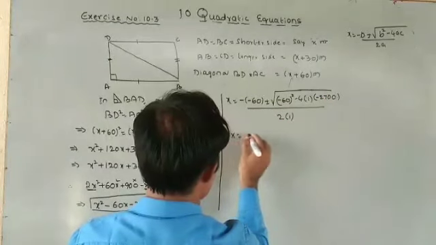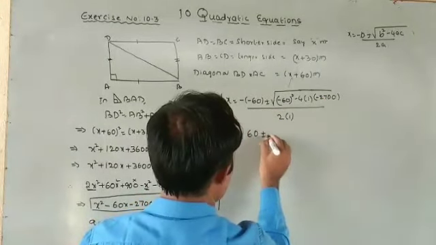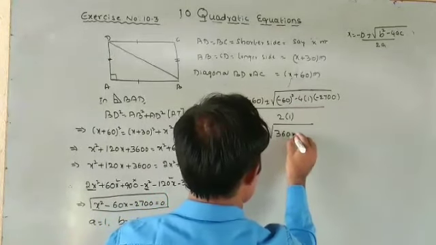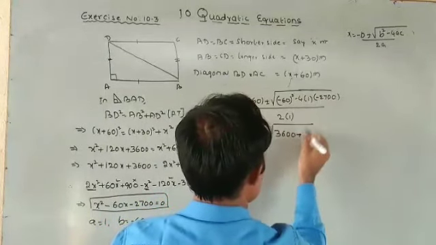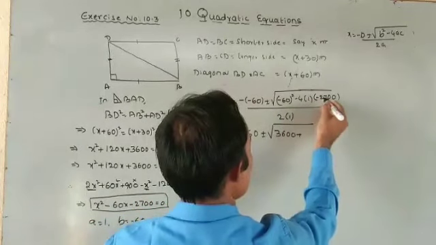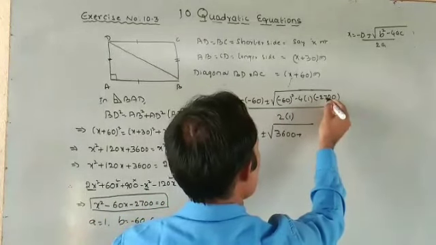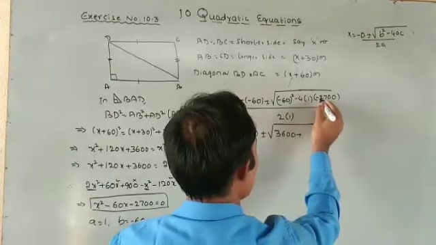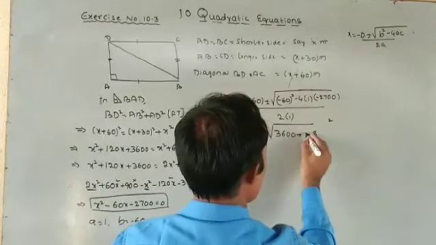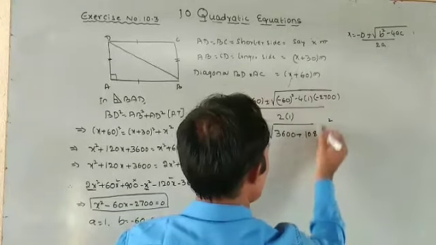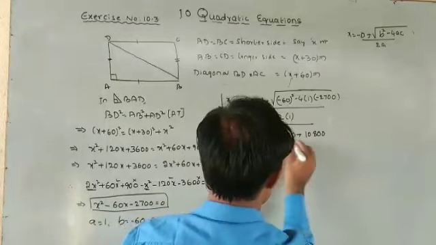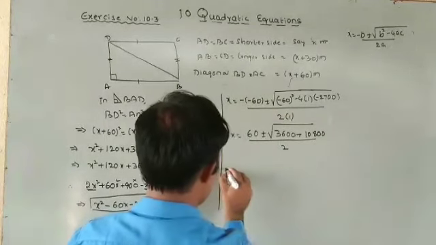So x is equal to 60 plus or minus root of 3600 plus 4 into 2700, that is 10800, whole divided by 2 into 1, that is 2.